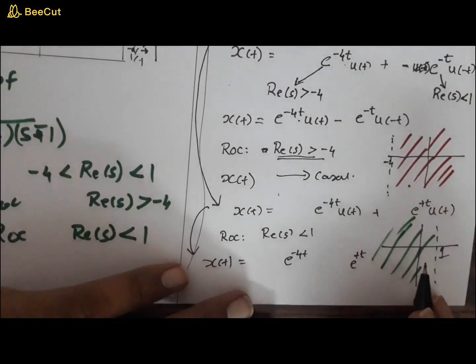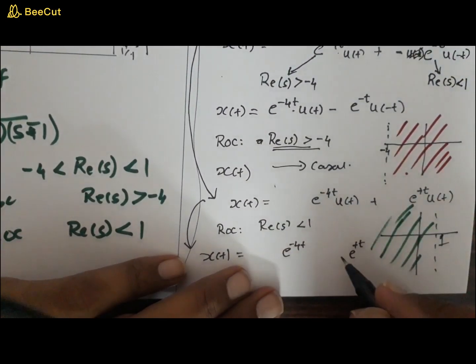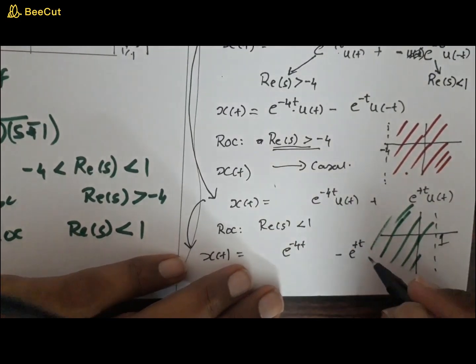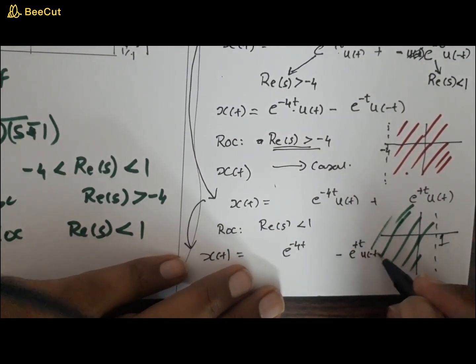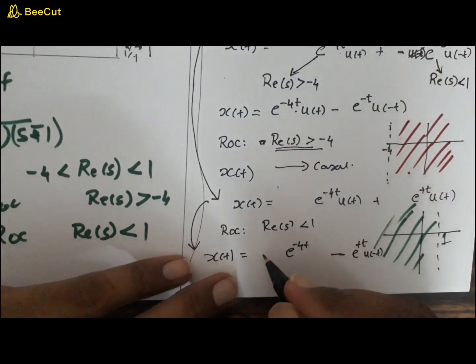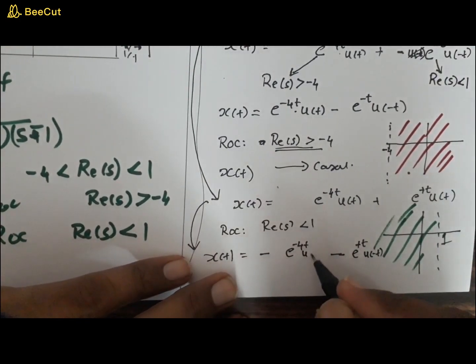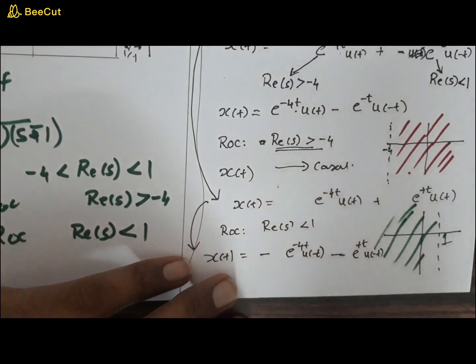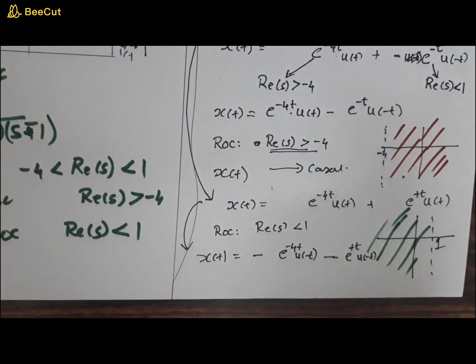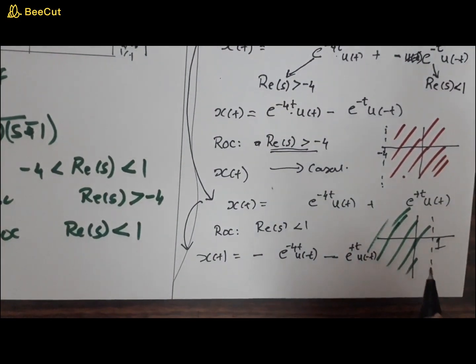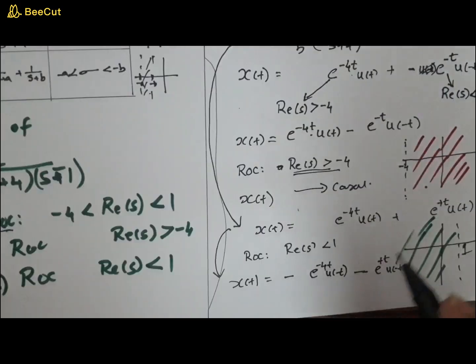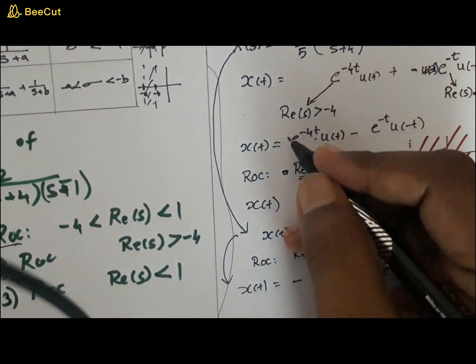Now we know that these two have to be non-causal. That means it has to be multiplied by minus into u of minus t. So this will be minus, again you have a minus into u of minus t, right? Is that clear? So this is it. Now don't forget to write 2 by 5. I forgot that.